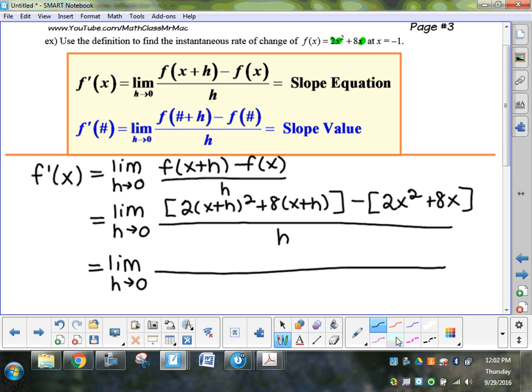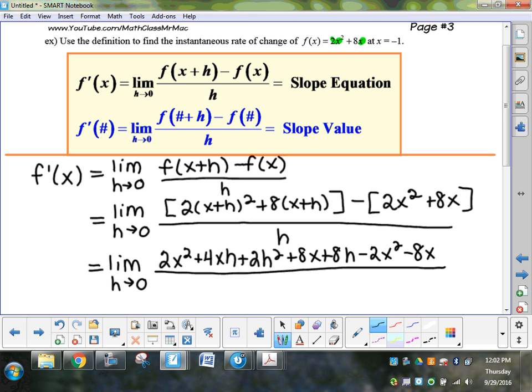Good, so what would you write out? Now, let's keep going. What else would I be writing? Hannah, too? What would you say? Plus 8x plus 8h, and then minus 2x squared minus 8x.